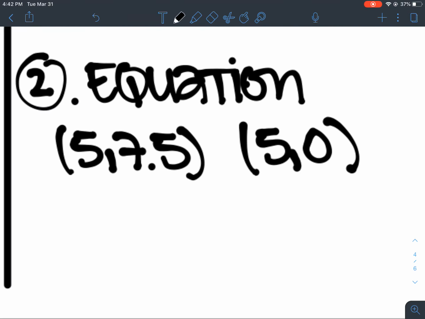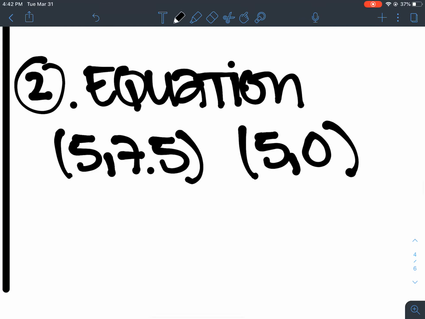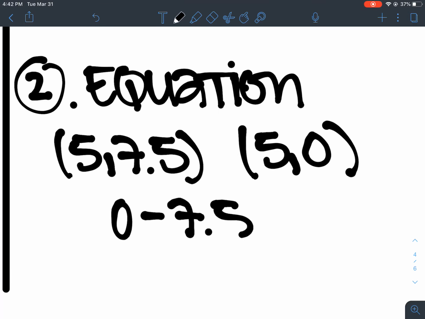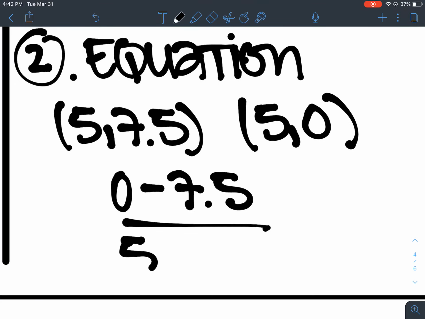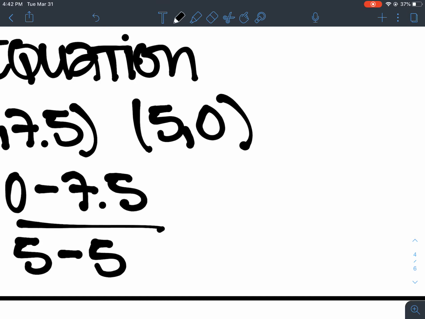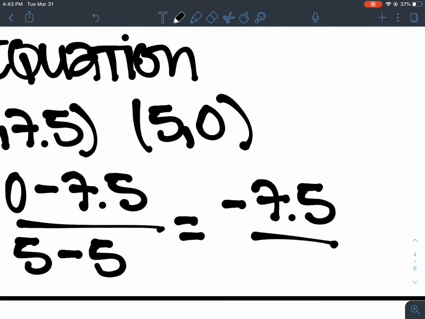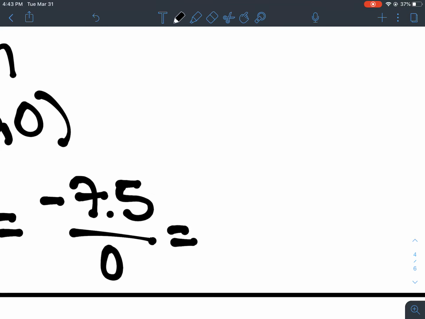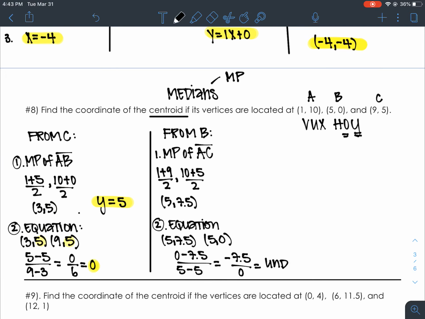So finding my slope here, guys, I'm going to have 0 minus 7.5 all over 5 minus 5, which gives me negative 7.5 over 0, which we know is undefined. And once again, I love seeing that because that's going to be a special case.